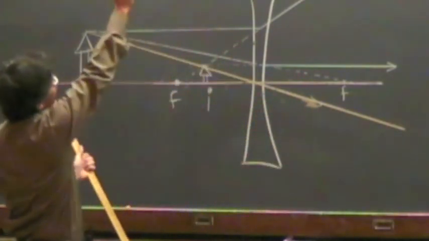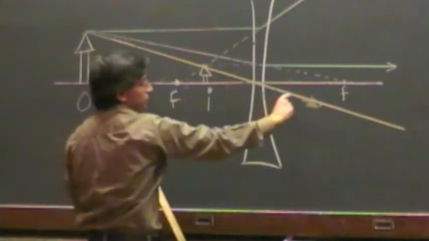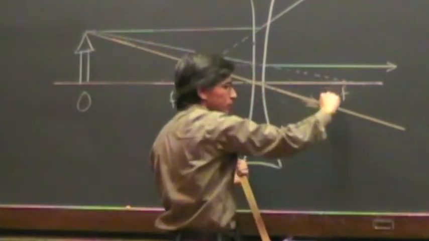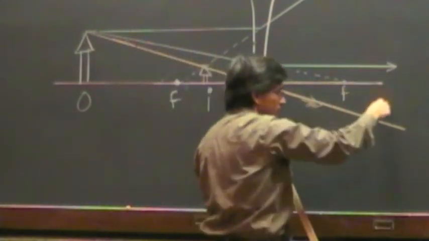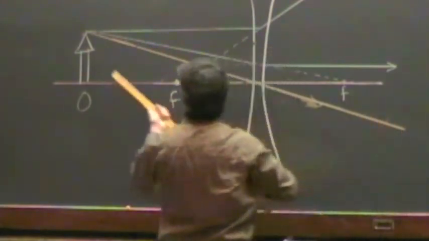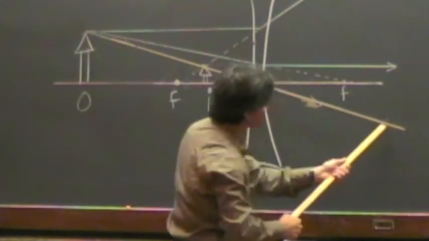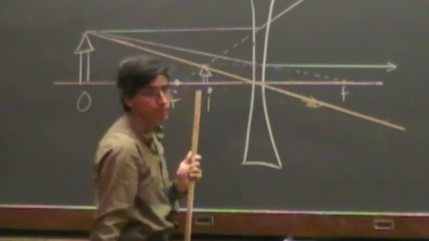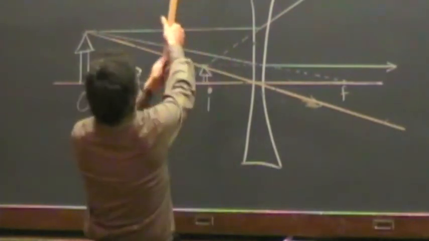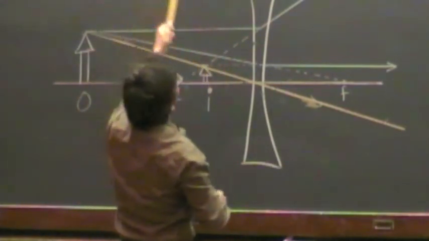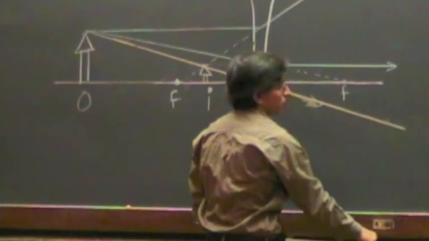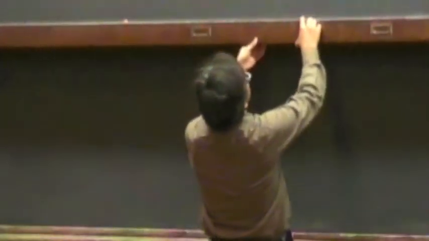Okay? For a converging lens, you can have images on this side of the lens. So they're going to be inverted, you already know that, but the tip of the object is going to be along this line that connects the tip of the image with the tip of the object. Okay? You notice it here also. Right? Let me draw the image up there and draw the same red line.